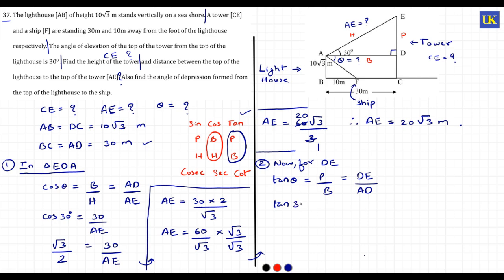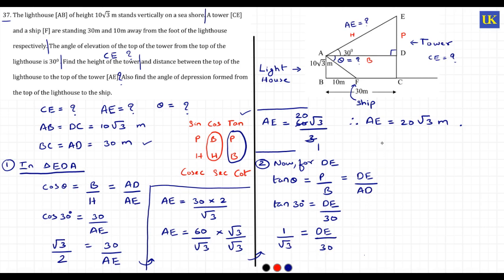Tan theta is again 30 degrees. They have given it in the question itself. And DE is what we have to find out, so I will keep DE as DE. And AD, we know AD is 30. Now using the same trigonometry table, we get the value of tan 30 degrees, which is 1 upon root 3, equal to DE upon 30.